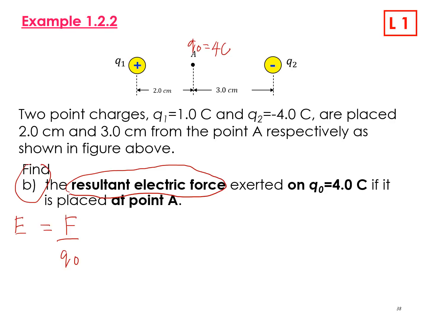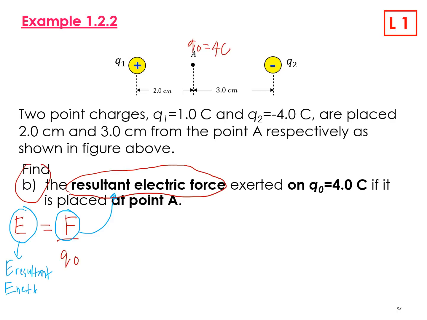Now F here is the resultant electric force, so E here must be E resultant, also E net or E total.